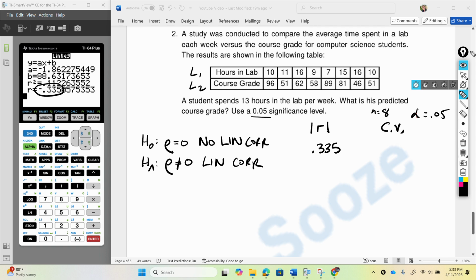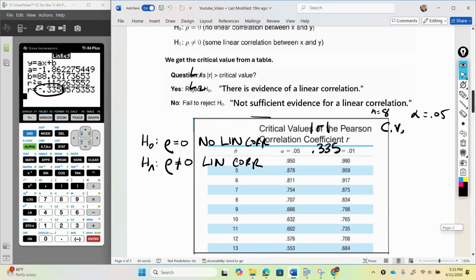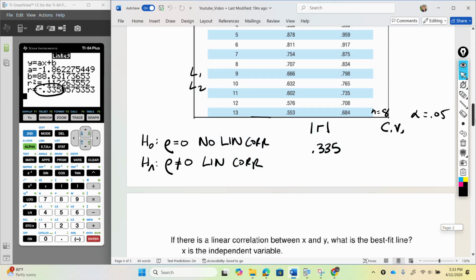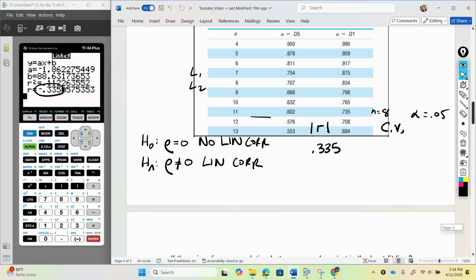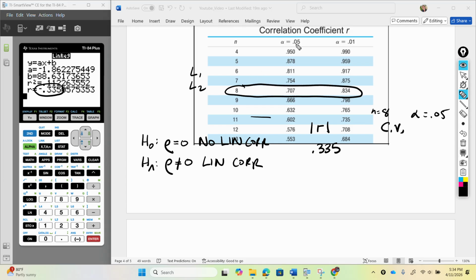Okay, so let's get our critical value from the chart with that. N is 8, and my alpha is 0.05. And they meet up at 0.707. So that's my critical value.